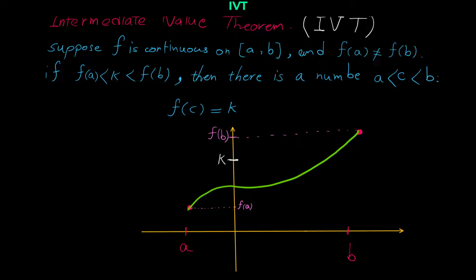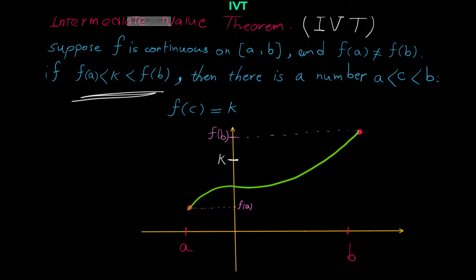So if we choose a random value like k between f of a and f of b, then definitely there is at least a number like c between a and b where the function is equal to k. In this figure, where is k?